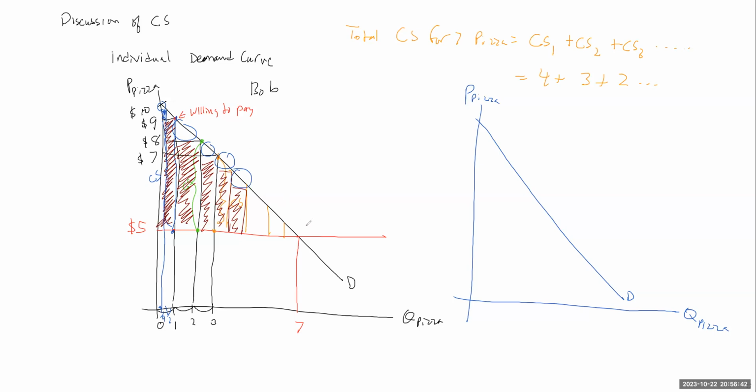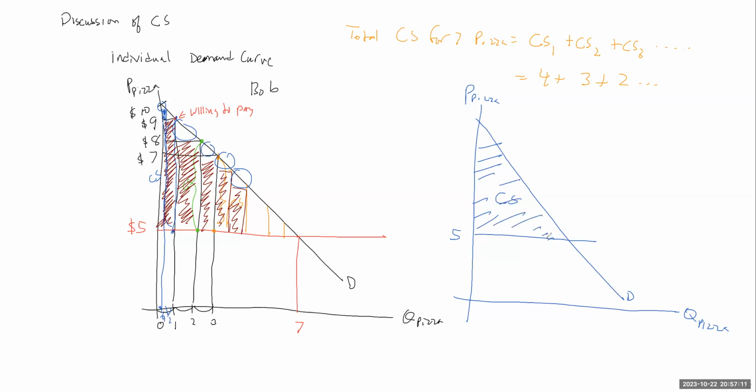When you are allowed to buy a quarter of a slice of pizza, the consumer surplus becomes the area between the demand curve and the price paid. Specifically, if you're allowed to eat continuous fractional pizza slices, your consumer surplus becomes this shaded region right here.